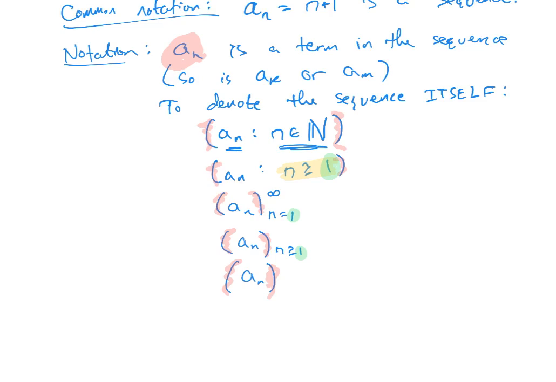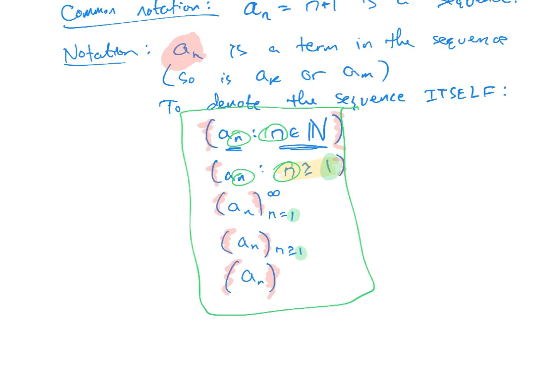Any other questions? Let me point out before we move on that in all of these notations for sequences, that n, which is formally the independent variable, is just some dummy variable. So these would all be the same as, say, a sub k such that k is a natural number, a sub k such that k is at least 1, etc. Or a sub m.